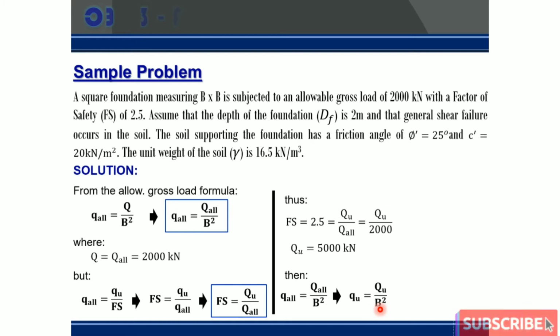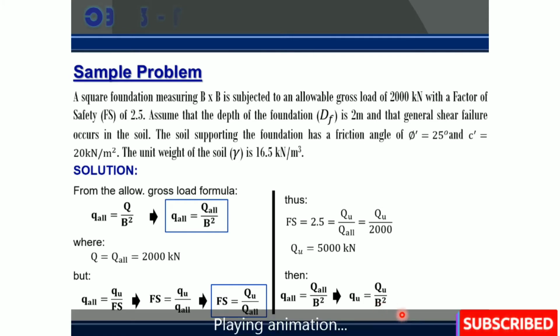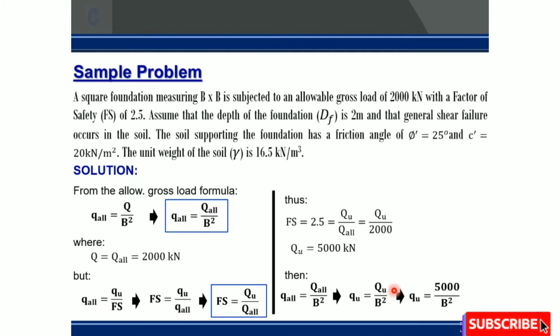So we can actually express this value in terms of the B squared. So we can therefore write this one, given this ultimate load of 5000 over the B squared, equal now to the ultimate bearing capacity small q sub u.